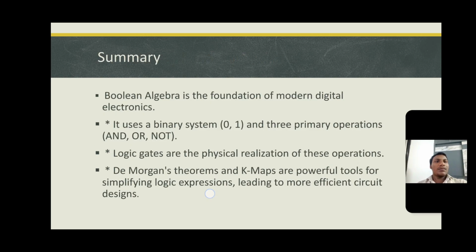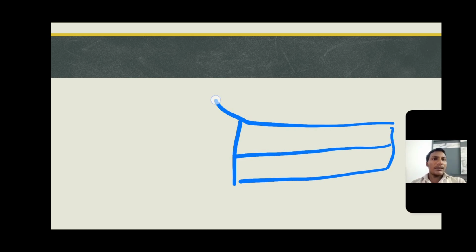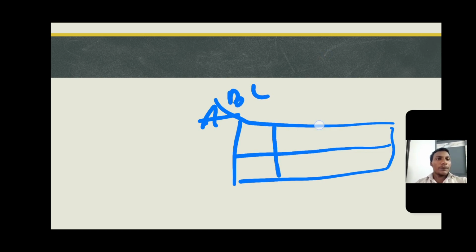I will show one example. The K-map is drawn like this, with B, C and D, C. Okay, we can write the numbers.